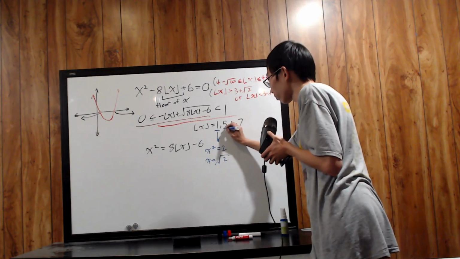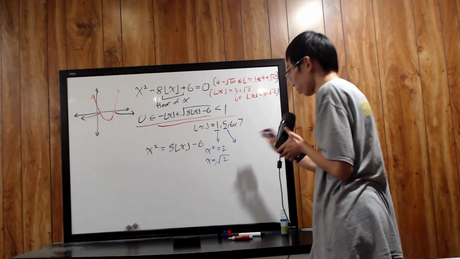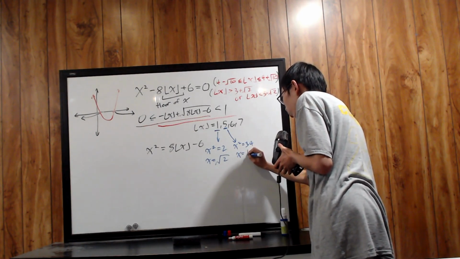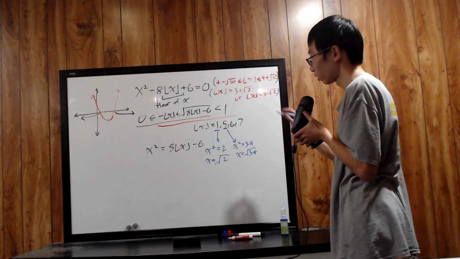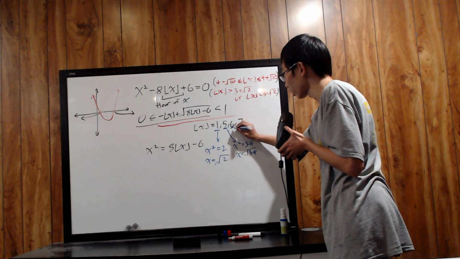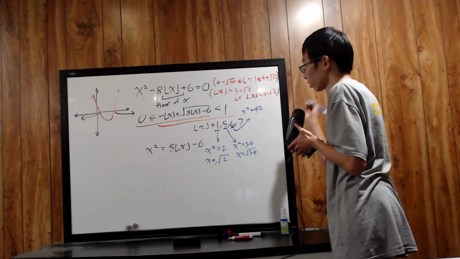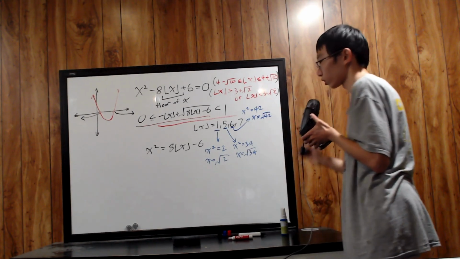Now, for floor of x is equal to 5, we would have 40 minus 6. That would be x squared is equal to 34. So we have x is equal to root of 34. Again, only positive for the same reason. When floor of x is equal to 6, then we have x squared is equal to 42. And again, x is only equal to positive root of 42.